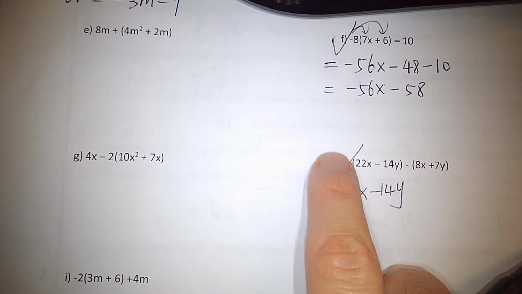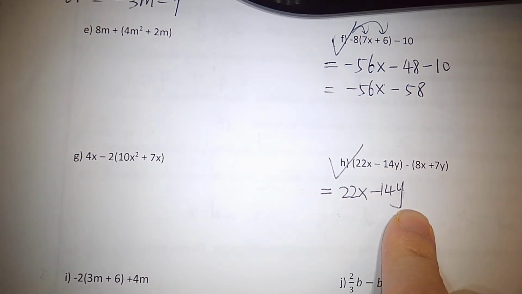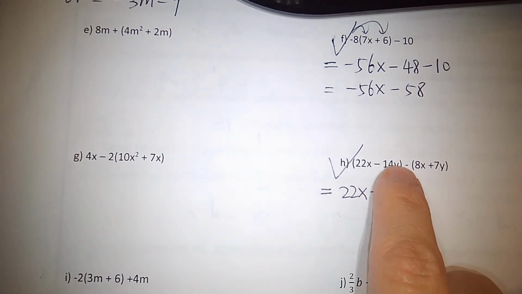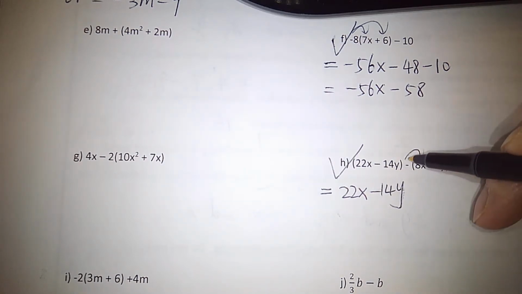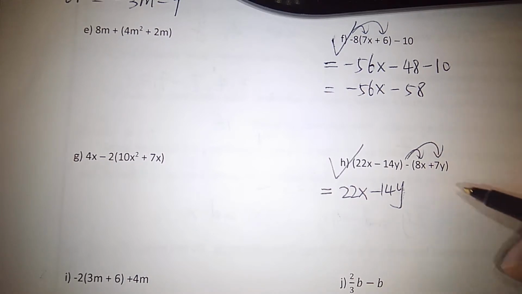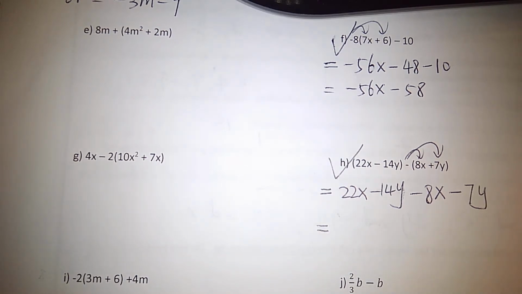It's plus sign in front or no negative, so get rid of the parentheses, you still have this. Minus parentheses, what do you do? Distributive property, right? So minus 8x minus what? 7y, right? And then like terms.